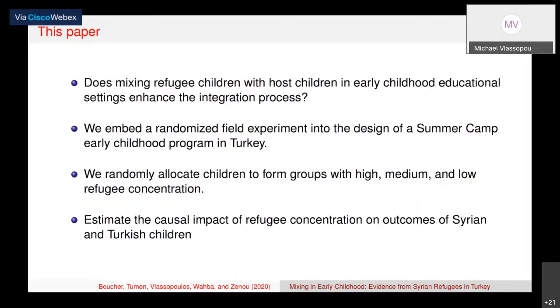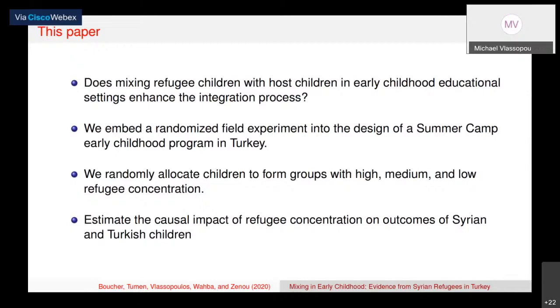And to this question, what we're doing is to embed a randomized field experiment into the design of a summer camp early childhood program that took place in Turkey in the summer of 2019.